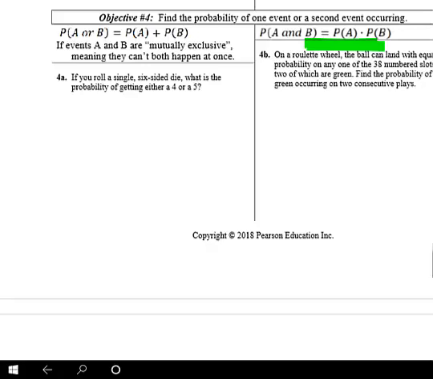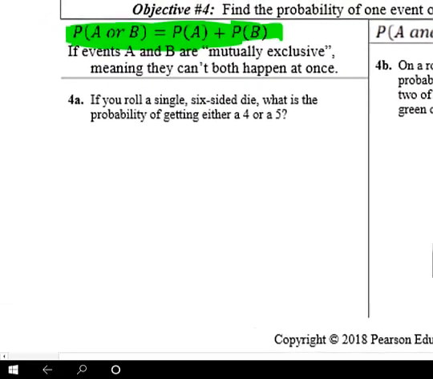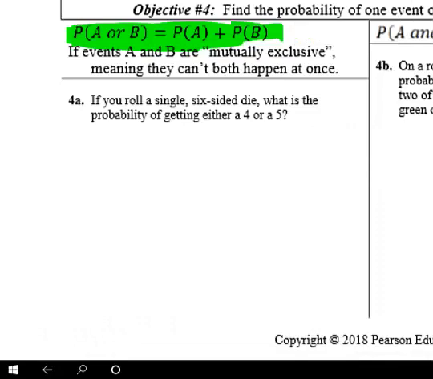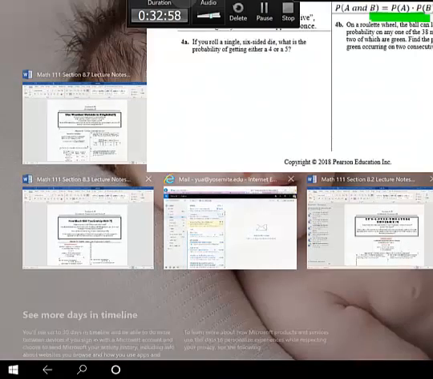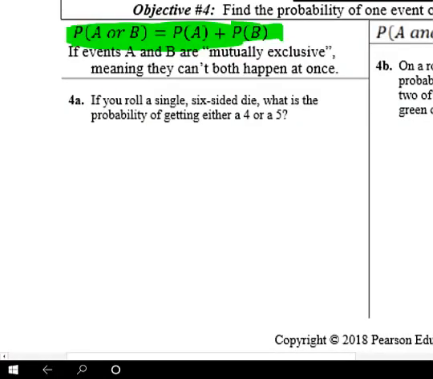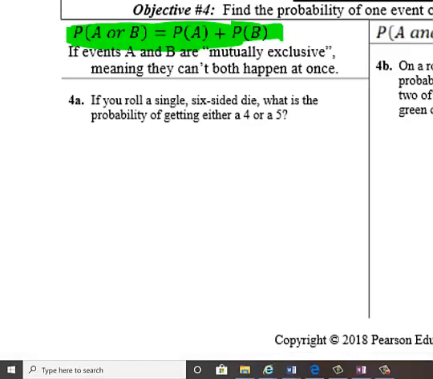So if you want an event to, this is where you have 2 events. So let's say you want event A or event B to happen. So this is kind of like, on the left here, this little formula, you don't really care too much what happens.